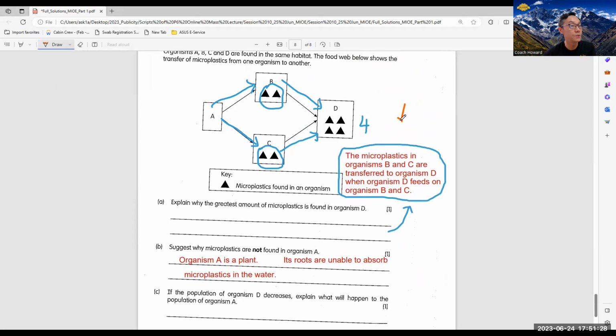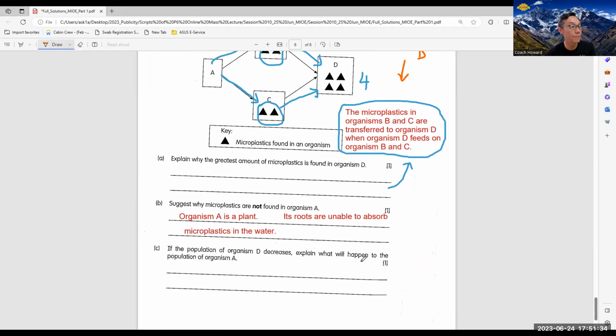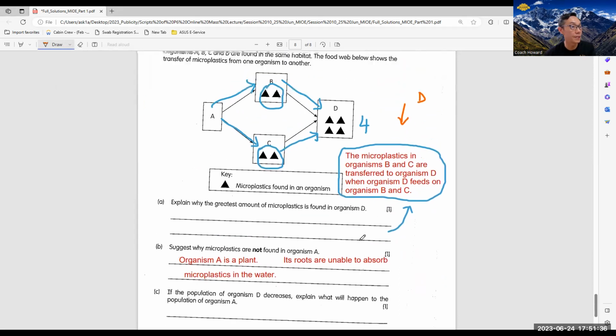If D drops, this one will go up, right? Correct? So you can annotate. This one also goes up. Okay, so these two go up, so A will drop. So the population of A would drop.